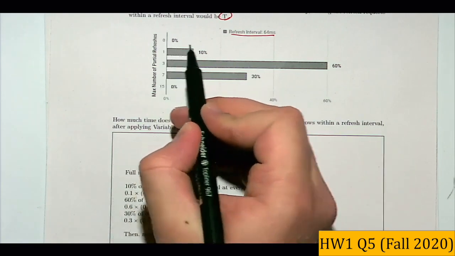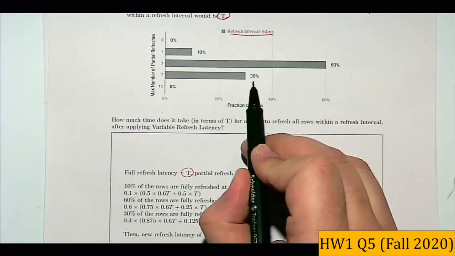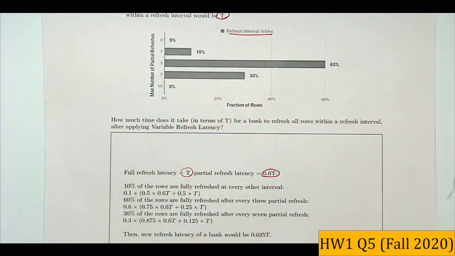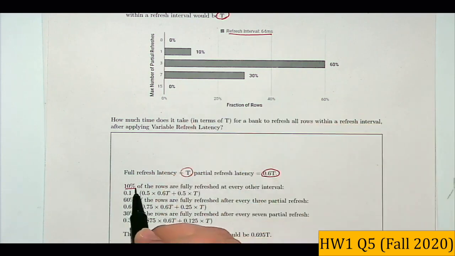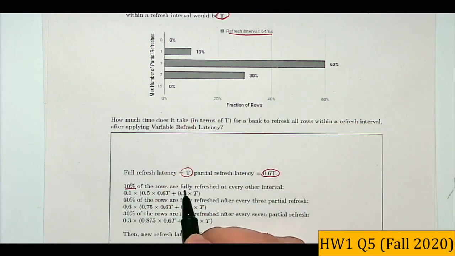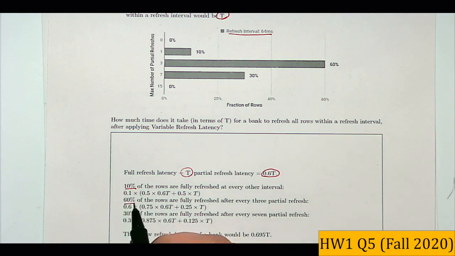Here, as you can see, 10%, 60%, 30%, this is the whole distribution of these rows. For 10% of the rows, I need to fully refresh those every other interval, so it interleaves between partial and full refresh. And for 60% of them, I need to fully refresh them after every 3 partial refreshes, right?